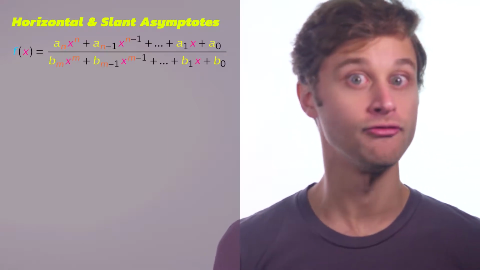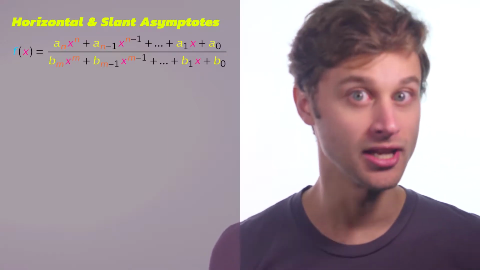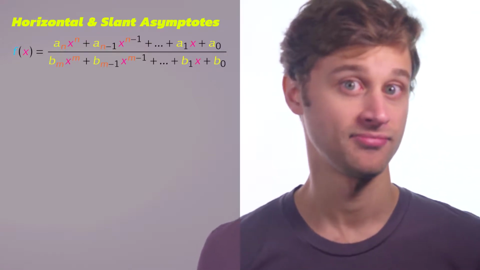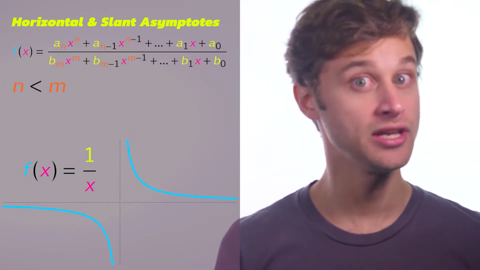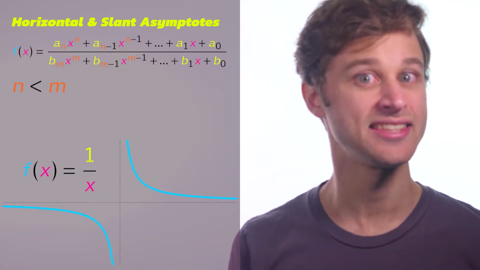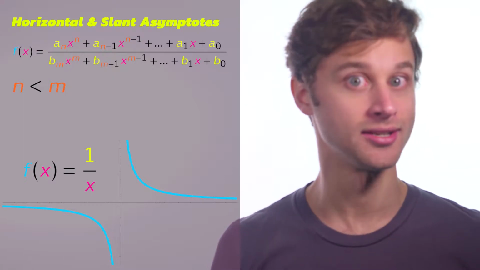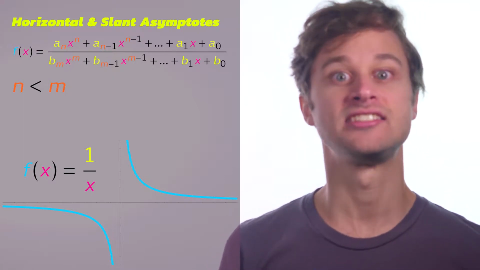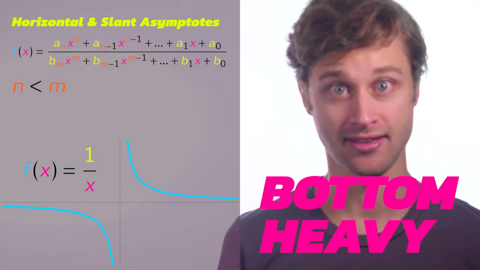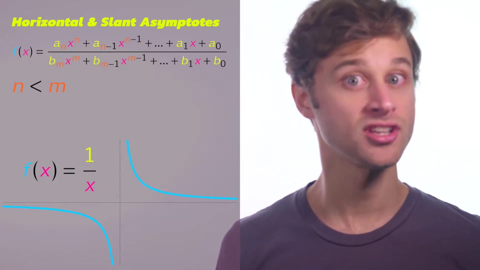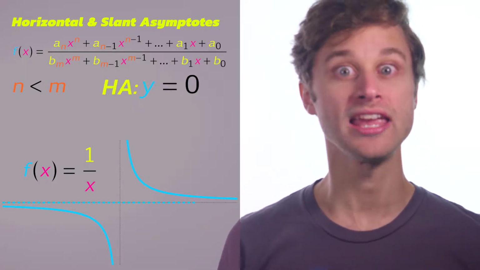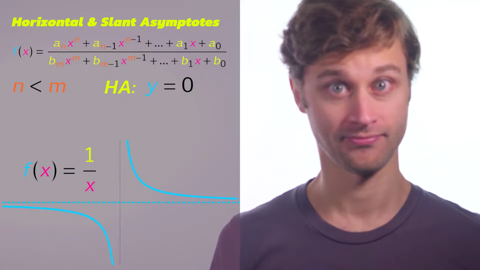In order to find the horizontal asymptote for any given rational function, we're going to compare the degree of the numerator and the degree of the denominator. If n, the degree of the numerator, is less than m, the degree of the denominator, then the function is said to be bottom heavy, and therefore the horizontal asymptote is simply y is equal to 0.